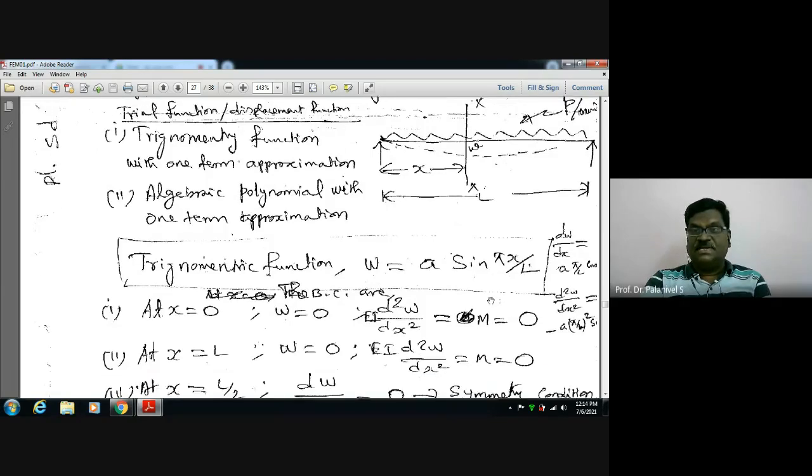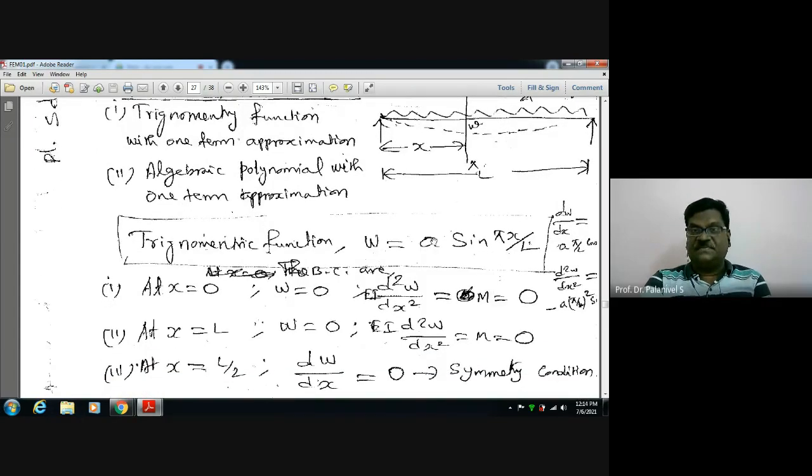Okay, so what I have written here is the differentiation of it. Strictly speaking, I should have written dw by dx here, but I have written it at the corner.